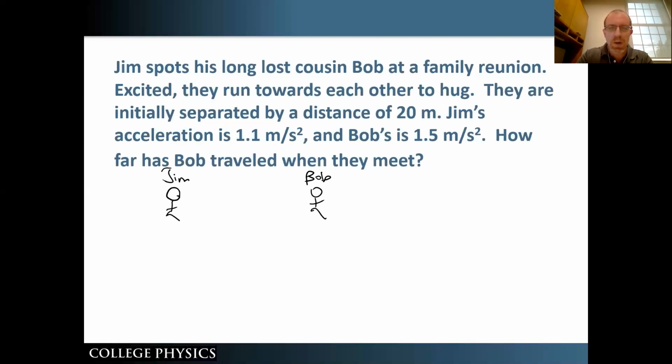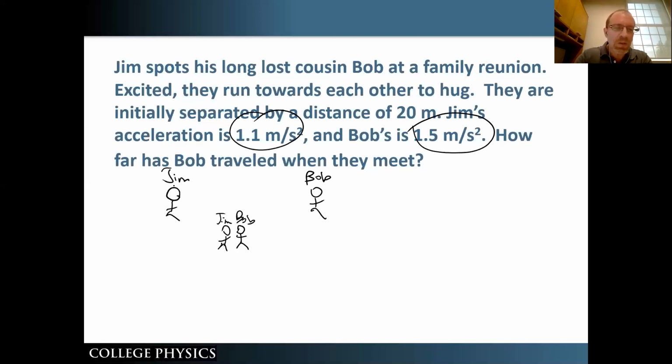Jim's acceleration is 1.1 meters per second squared, Bob's has a size of 1.5. So Bob's going to cover more ground than Jim is. There they are together, and so that's Jim, Bob. There we go. I had to do that, Jim Bob.